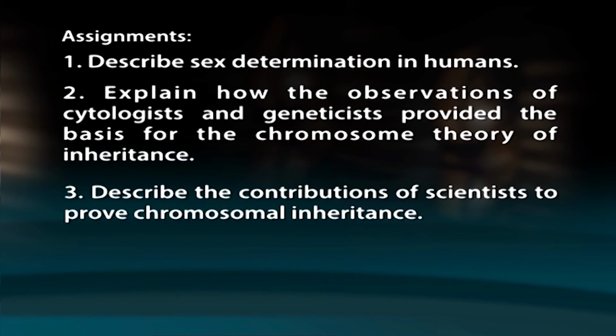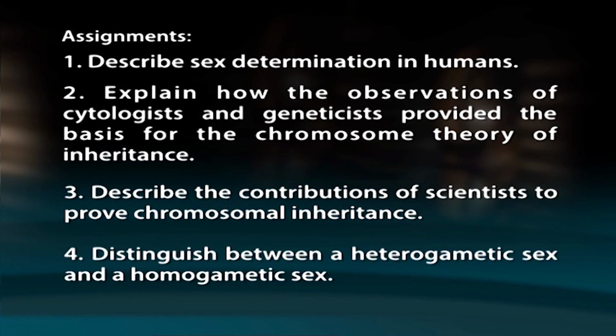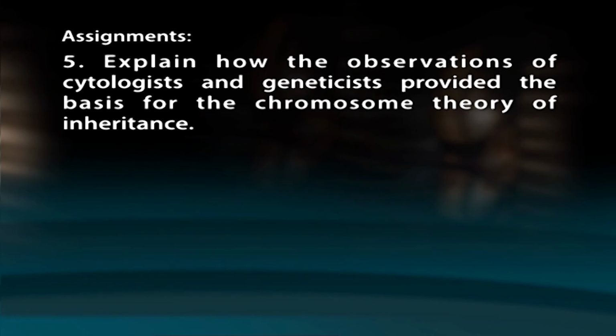Third one is describe the contributions of scientists to prove chromosomal inheritance. Fourth one, distinguish between a heterogametic sex and a homogametic sex. And fifth, explain how the observations of cytologists and geneticists provide the basis for the chromosome theory of inheritance.